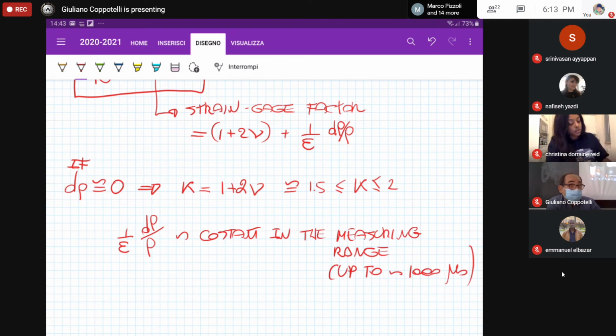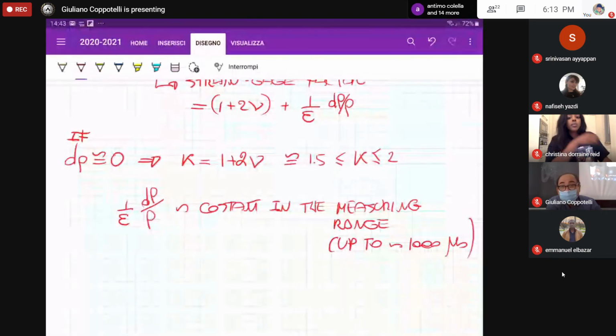That means that the change of the resistivity is compensating the actual strain, so that the resulting term is practically constant in our measuring range.